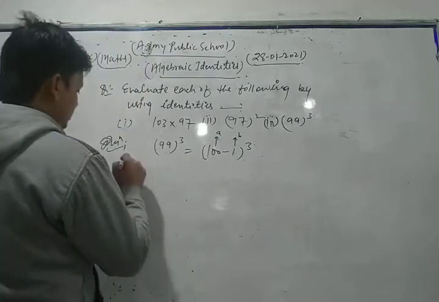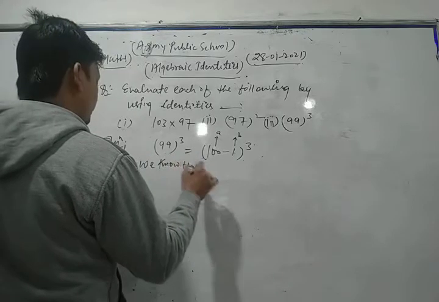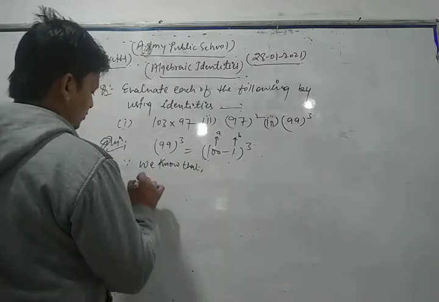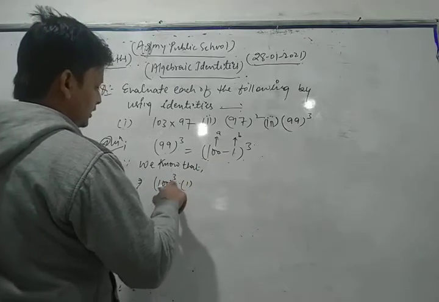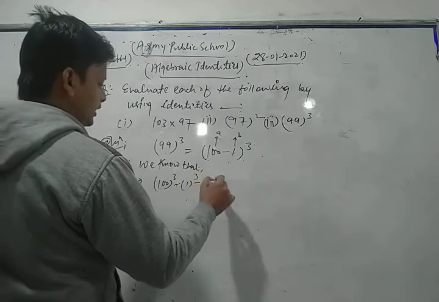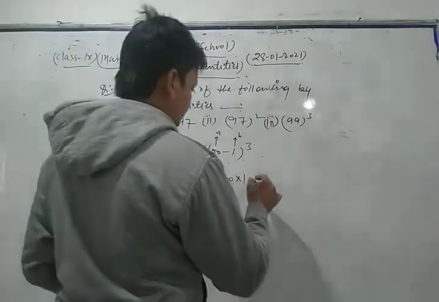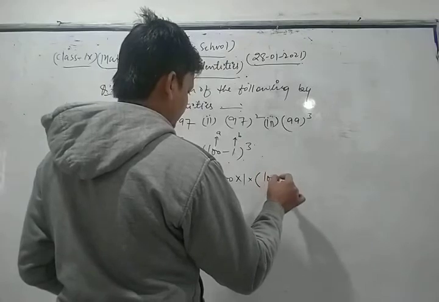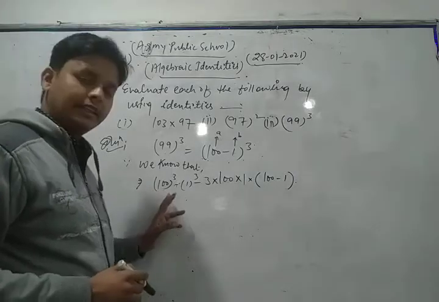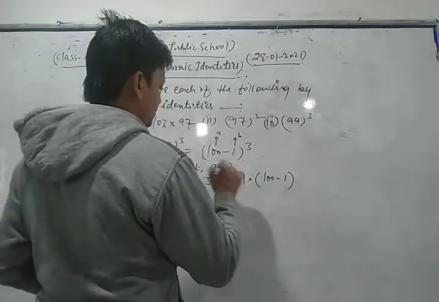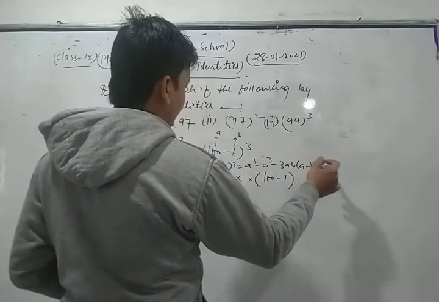So first of all, we know that the value of a minus b whole cube is a cube minus b cube minus 3ab in bracket a minus b.